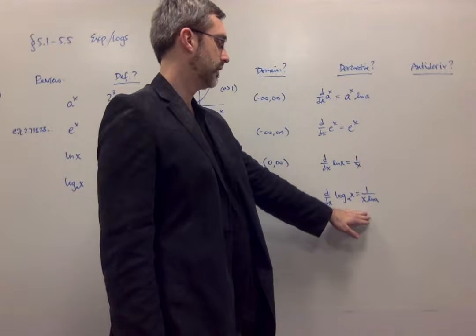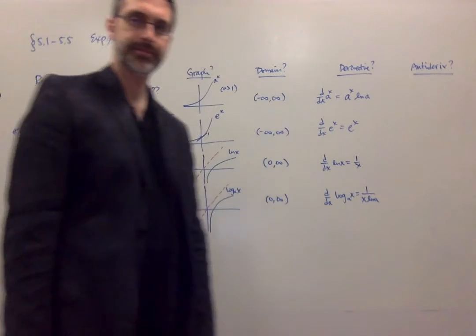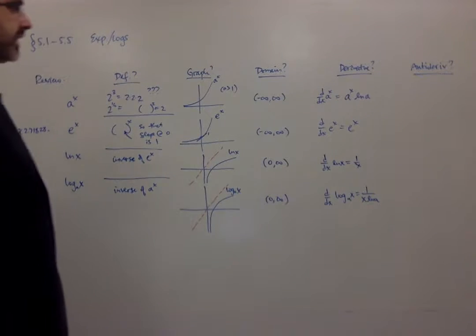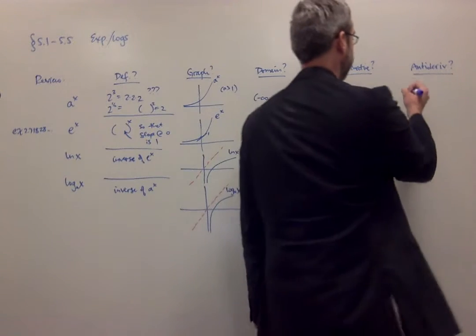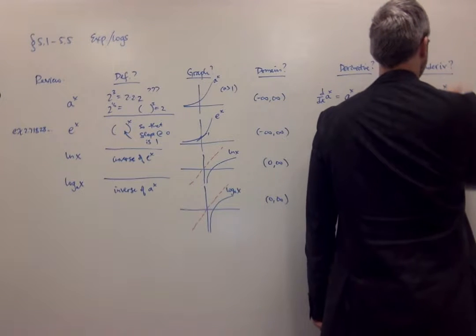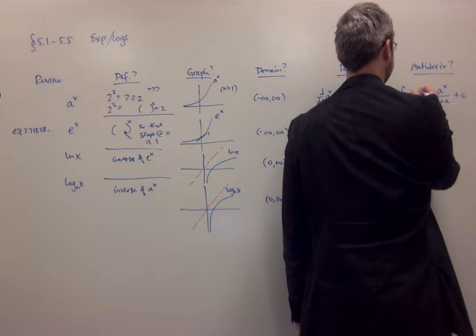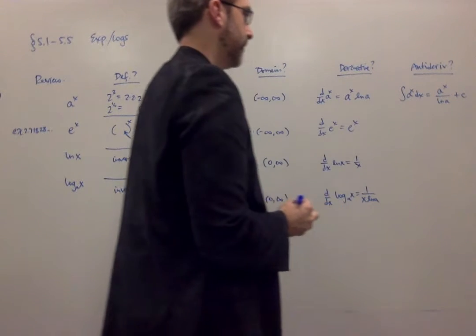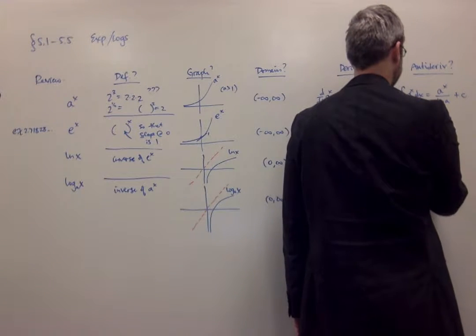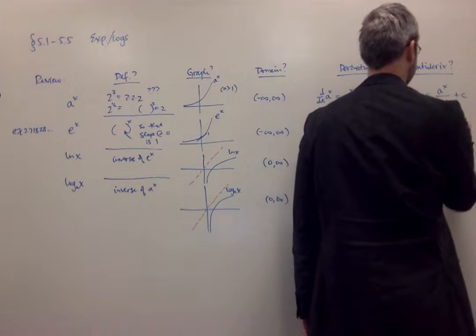For log base a of x, it goes down on the bottom. Okay, flipping that around, antiderivative laws, the antiderivative of a to the x is actually a to the x over natural log of a. Don't forget your plus c if we're talking about a general antiderivative. The antiderivative of e to the x is just e to the x. Okay.